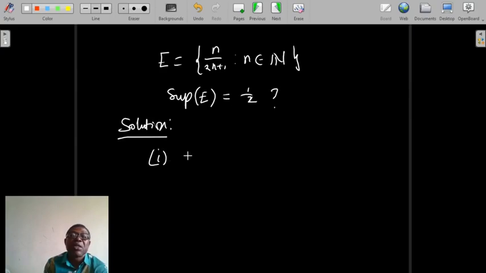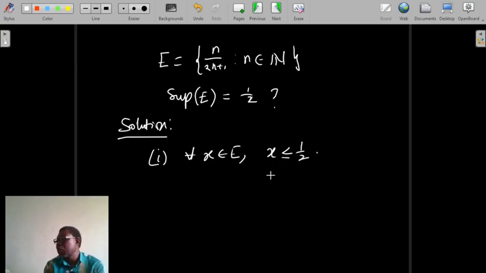To do that, we must show that for any x we pick in E, we must have that x is less than or equal to half. So this is what we want to first of all check: that given x in E, x must be less than or equal to half.